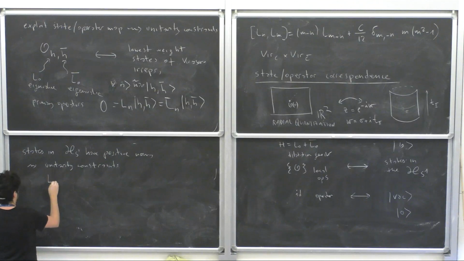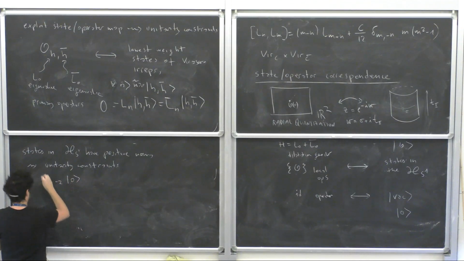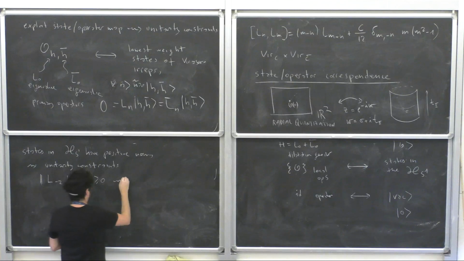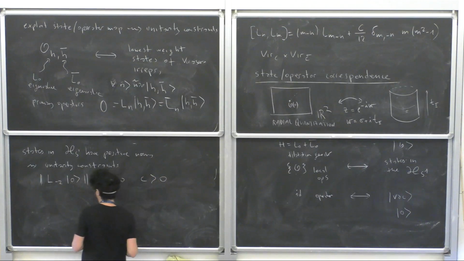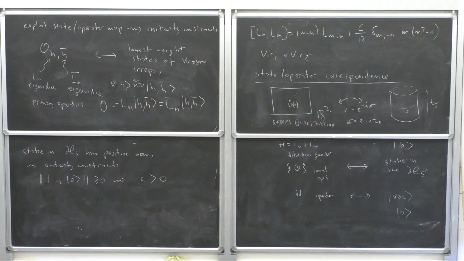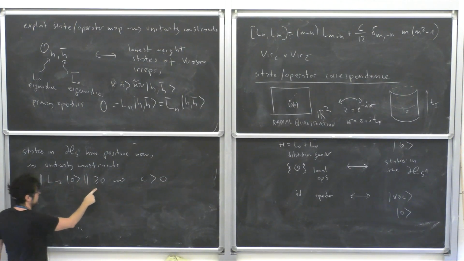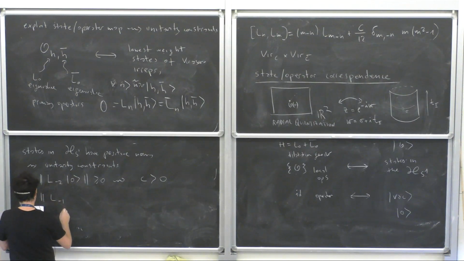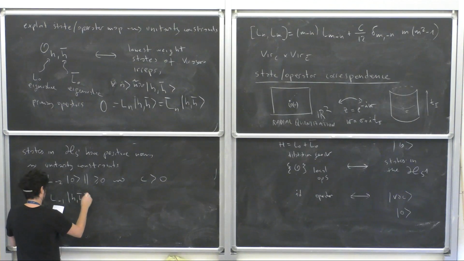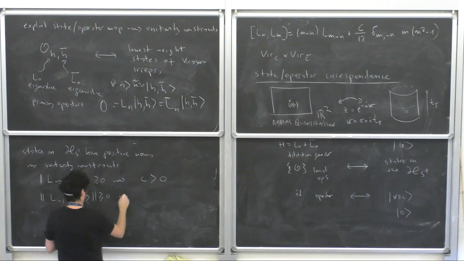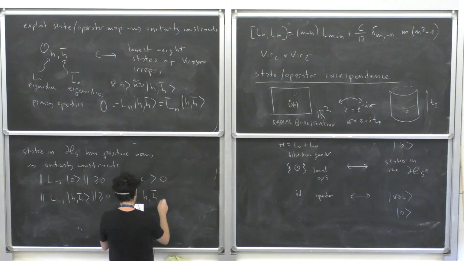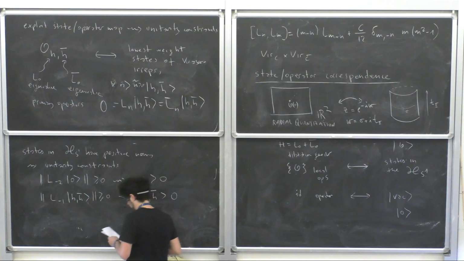So in particular, from the fact that we can consider the norm of this state to be positive, it follows that the central charge must be positive. States in this cylinder Hilbert space have positive norms, and therefore we get unitarity constraints. So for instance, requiring that the norm of this state in particular is positive implies that c is greater than 0, and requiring that this one is positive implies that h and h bar, the conformal weights, are always greater than 0.